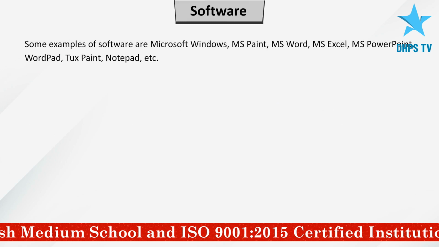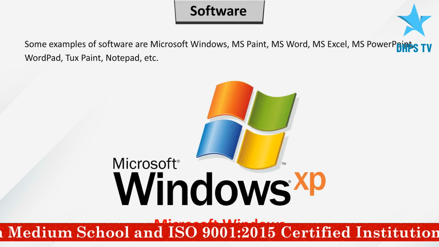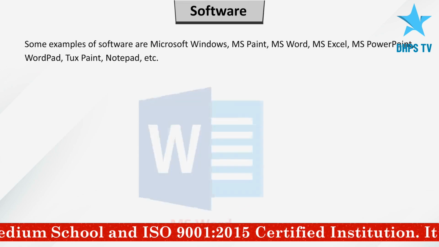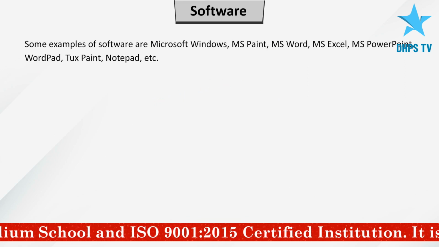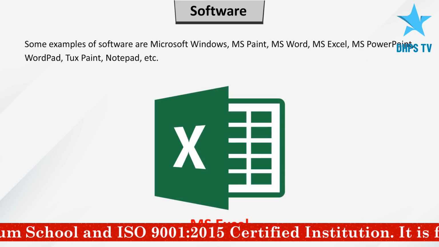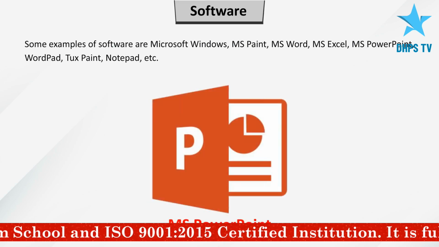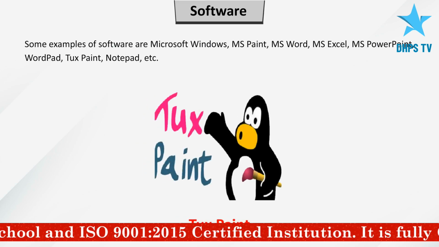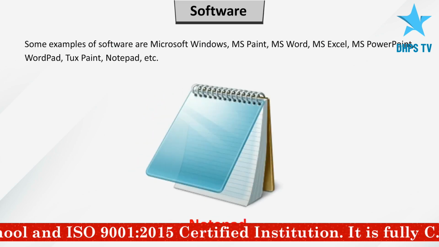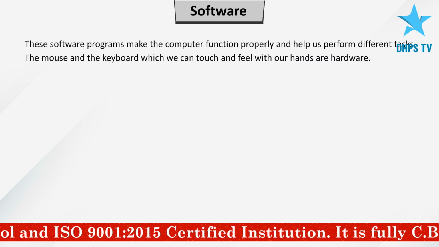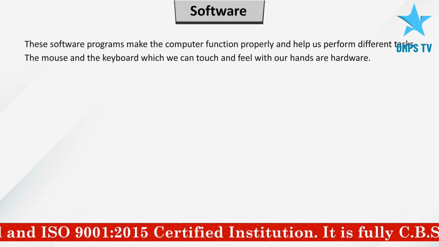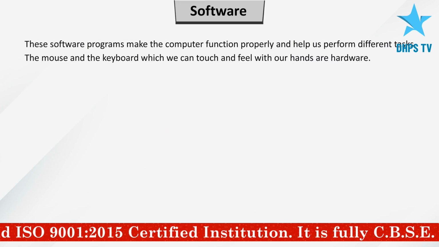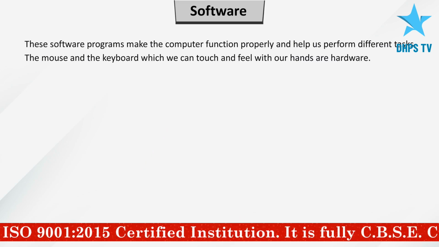Some examples of software are Microsoft Windows, MS Paint, MS Word, MS Excel, MS PowerPoint, WordPad, Tux Paint, Notepad, etc. These software programs make the computer function properly and help us perform different tasks.